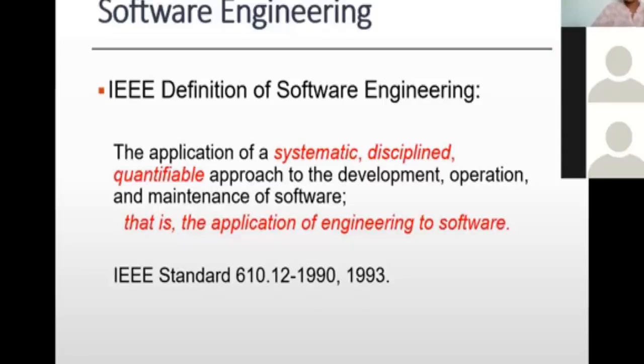And quantifiable approach. Why? Once we implement that, we can verify whether this is the appropriate one for development, operation, and maintenance of the software. So that is the software engineering IEEE definition, right?